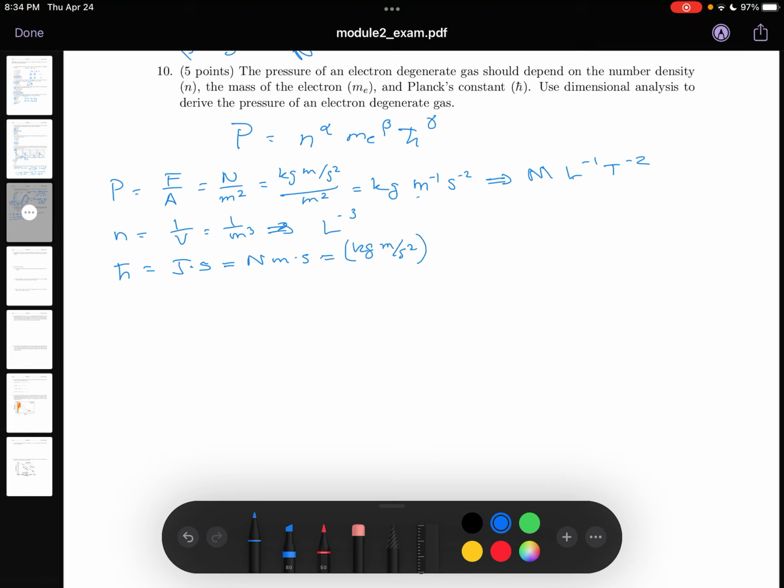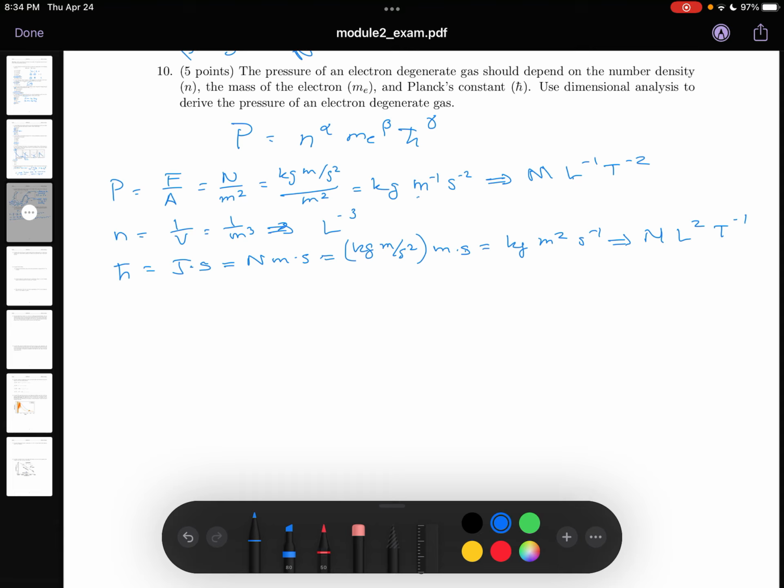So I get kilogram meter squared, and then second divided by second squared gives me a 1 over second. So in dimensions, kilogram becomes mass, meter squared becomes length squared, seconds to the -1 is t to the -1.